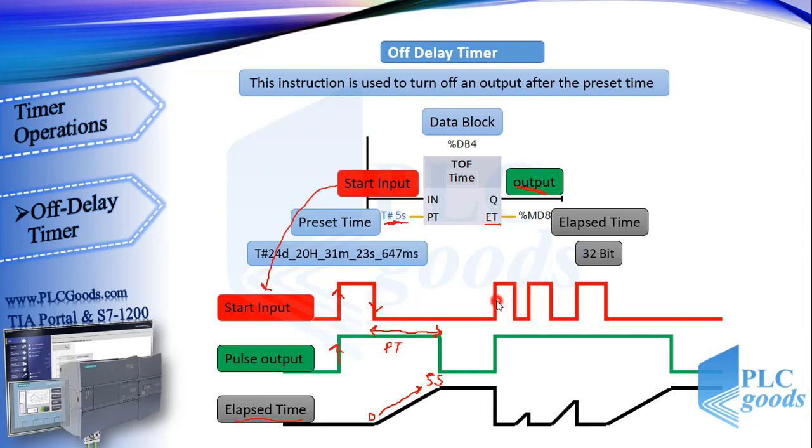Pay attention here. When the start input goes to 0 and before the ET output reaches the preset time, the start input goes to 1 again, the output will remain 1.